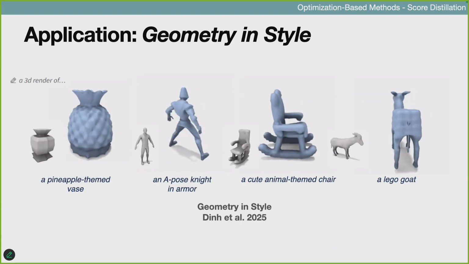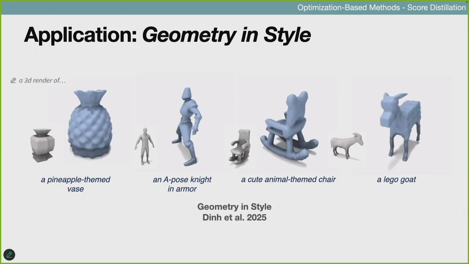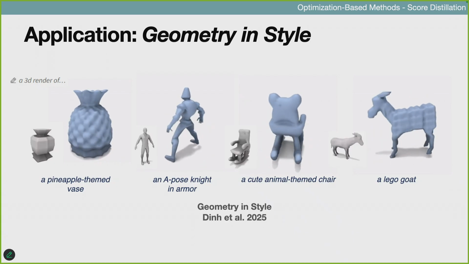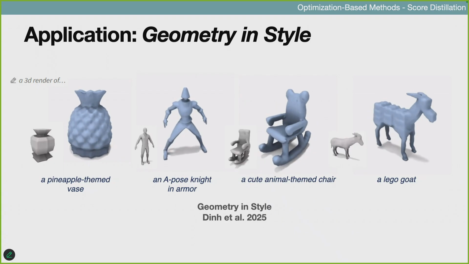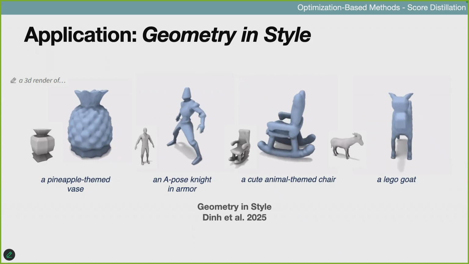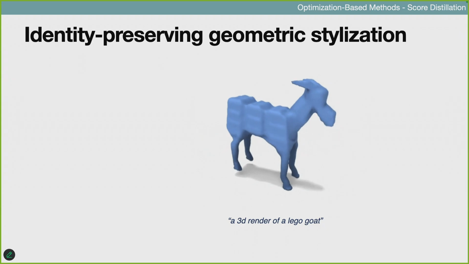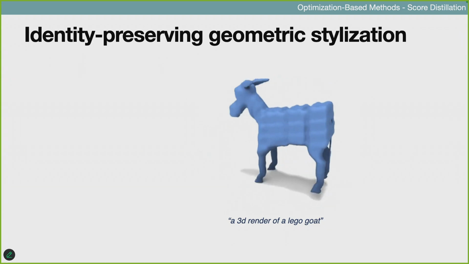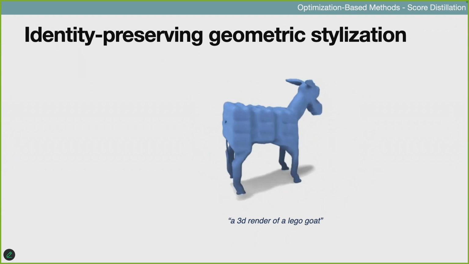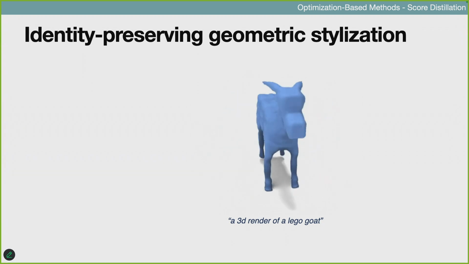To touch on a geometry processing application, I'll talk about how this is done in my work, Geometry and Style, where we use SDS, or more specifically CSD, to optimize a shape's deformation to achieve some geometric style. The task we want to solve is identity-preserving geometric stylization from a text prompt. What do we mean by identity-preserving geometric style?